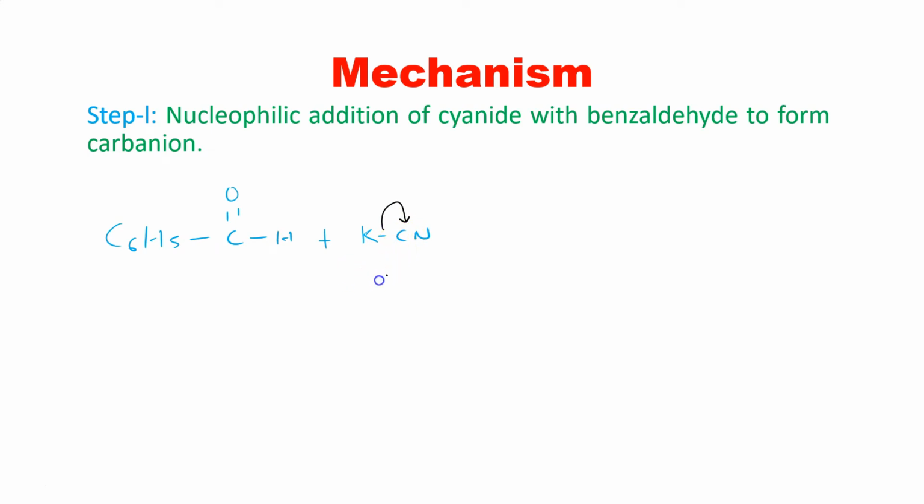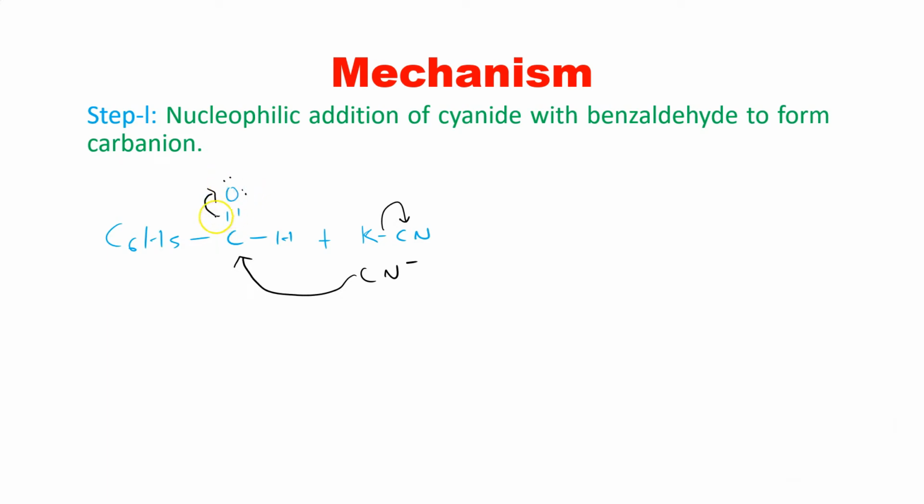Potassium is a metal, so it will have a positive charge. So this cyanide is now a nucleophile. It will attack an electron deficient center, break the pi bond between carbon and oxygen, and transfer the electrons towards the oxygen.